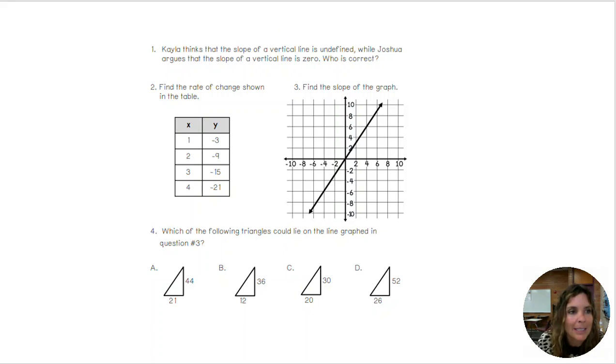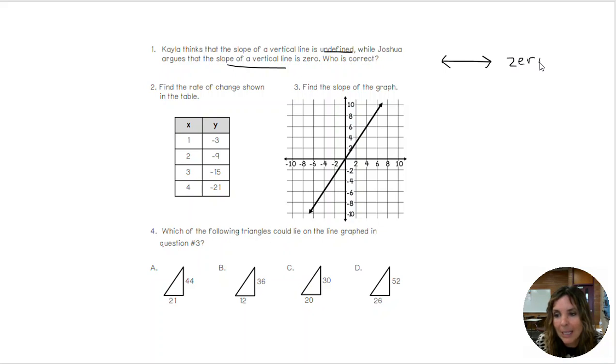Number one, it says that Kayla thinks that the slope of a vertical line is undefined, while Joshua argues that the slope of a vertical line is 0. So remember, when we talk about slope, slope is the steepness of a line, and the one that is 0 is a horizontal line.